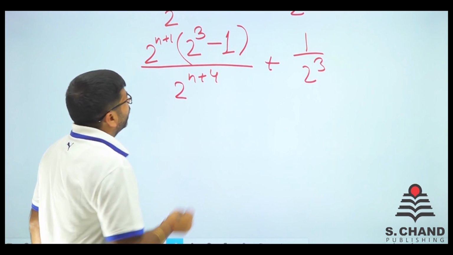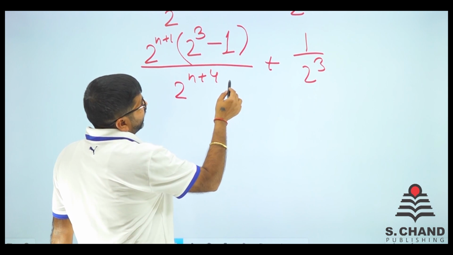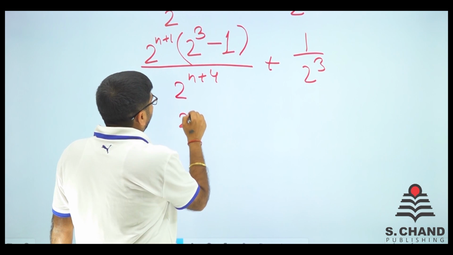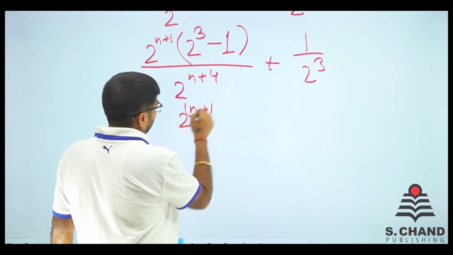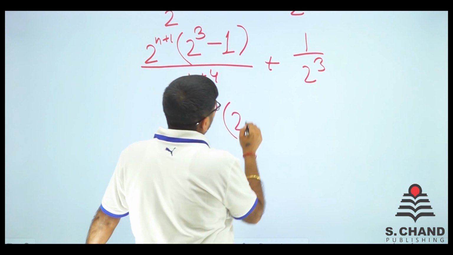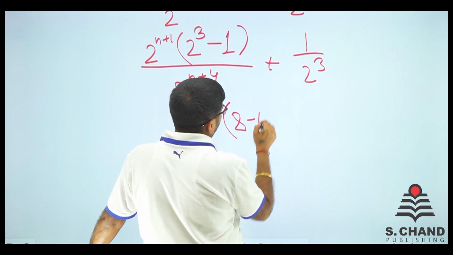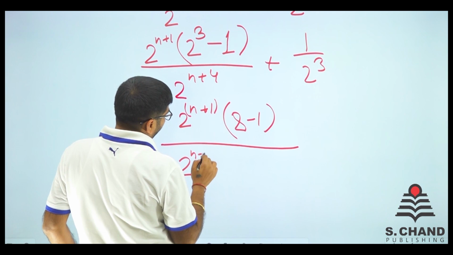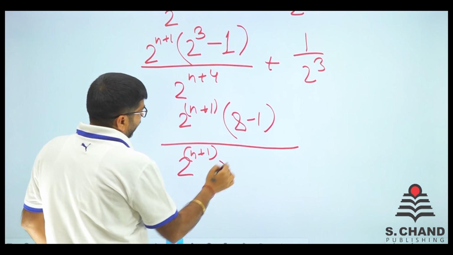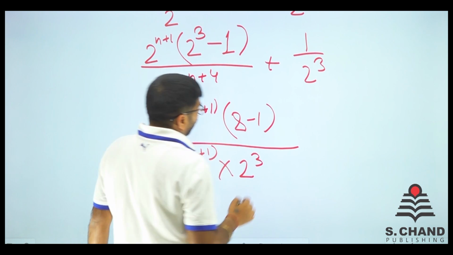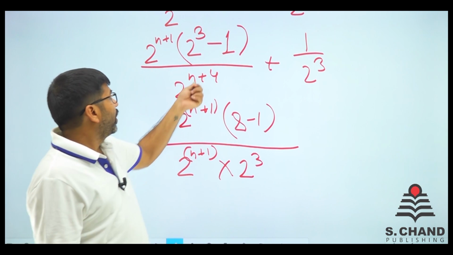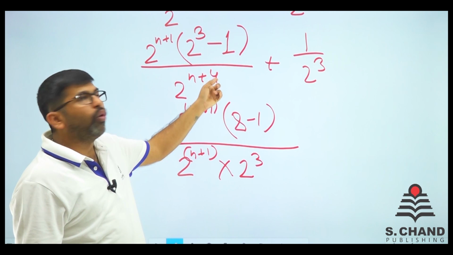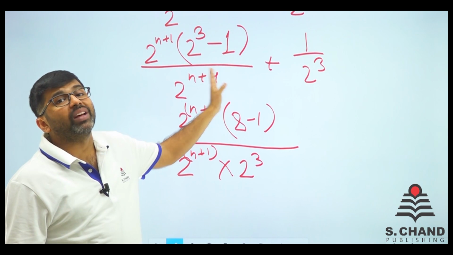See, 2 raised to n plus 1, 2 raised to n plus 1. What can we do? n plus 1 plus 3, n plus 1 plus 3. So what I'll do is 2 raised to n plus 1, in the bracket 2 cube is 8 minus 1, divided by 2 raised to n plus 1 into 2 cube. What I did is n plus 4 is equal to n plus 1 plus 3.